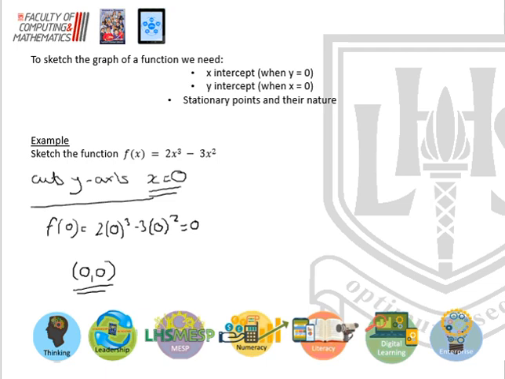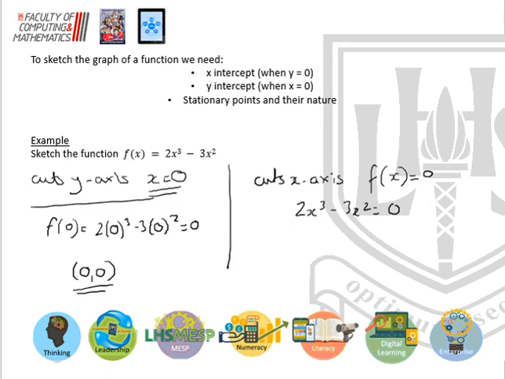Then part 2, I'm going to find where it cuts the x-axis. In this case, I know it cuts the x-axis when y is 0 or f of x is equal to 0. So we take 2x cubed minus 3x squared and we set it to 0. Two different powers of x, so we know it needs to be factorised.